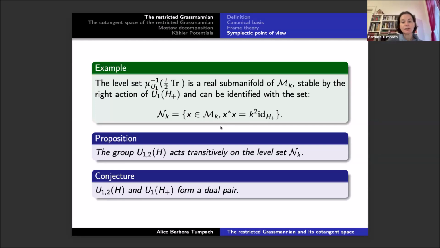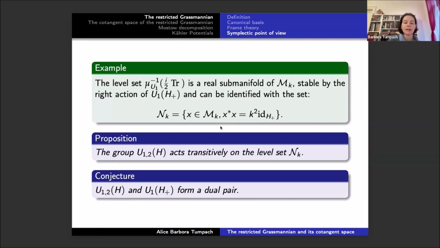And another proposition is that the group U12 that we have seen before acts transitively on this level set. And so the conjecture is that these two groups, U12 and U1 of H plus, form a dual pair. So this is just a conjecture at this stage. There are many things that have to be checked.